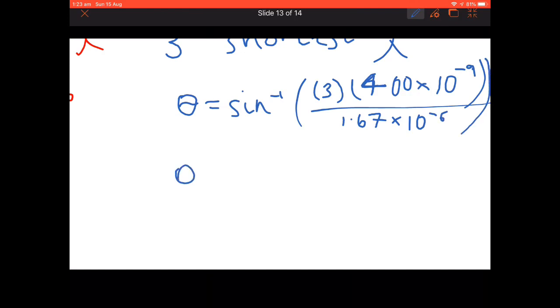If you pop all of this into your calculator, you'll end up with a reinforcement angle of 45.9 degrees.